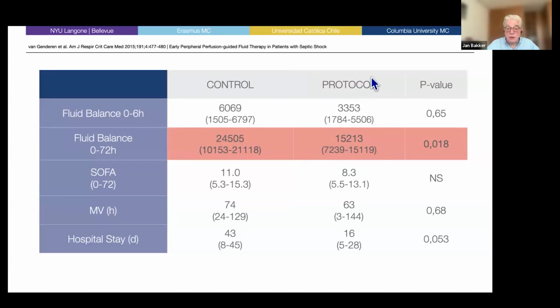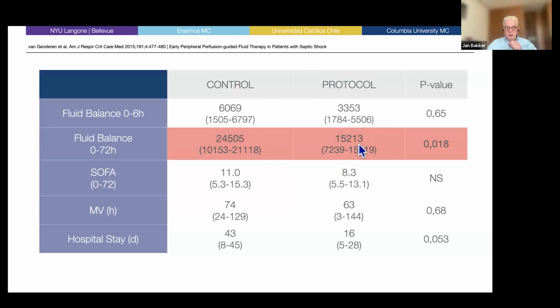And the result was that, of course, in the protocol group where there was normal peripheral perfusion, we would not give fluids. In the control group, peripheral perfusion was not measured, and Surviving Sepsis Campaign guidelines were just followed, whatever the peripheral perfusion. There was significantly less fluids in the protocol group.